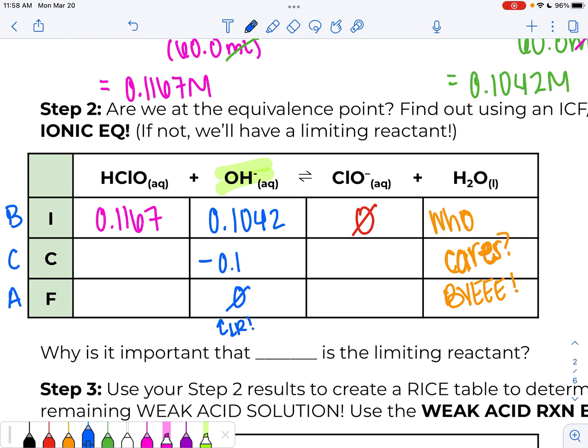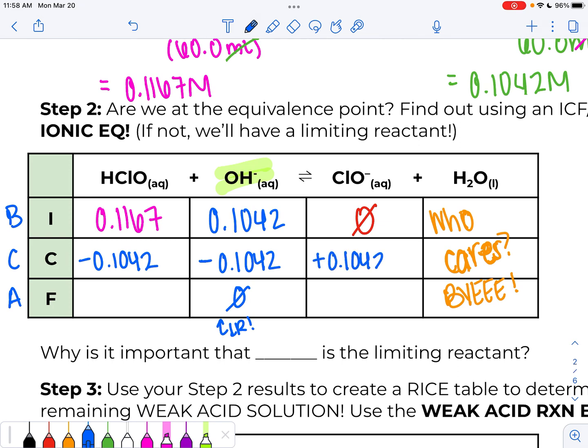So my change value is going to be 0.1042, because in order to get to 0, I've got to lose all of it. But the nice thing is that that's going to be my change value for everything now, right? I'm going to lose 0.1042 moles of my acid, because they're in a 1-to-1 ratio. And the exact same thing with my conjugate base now.